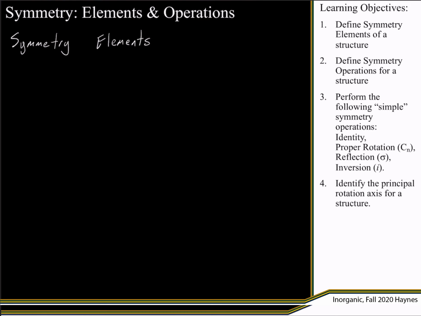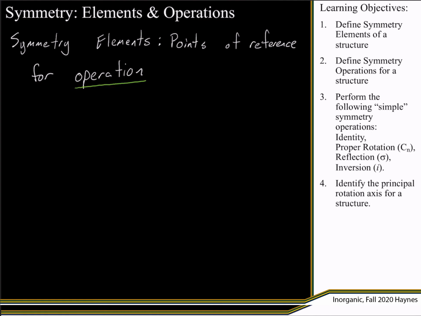Symmetry elements are just points of reference for operations, right? Now, it's always bad form to use a word that we're going to define, like operation, in our current definition.